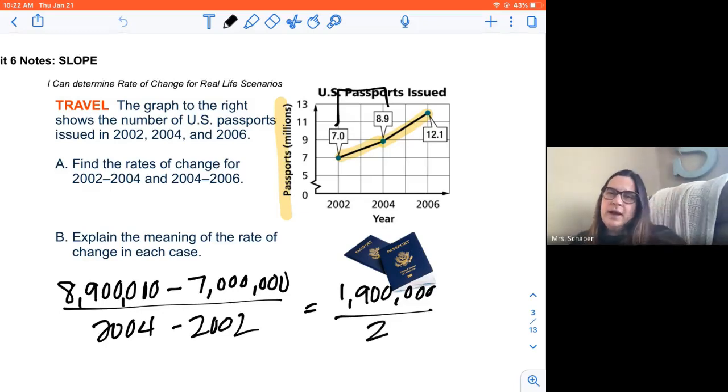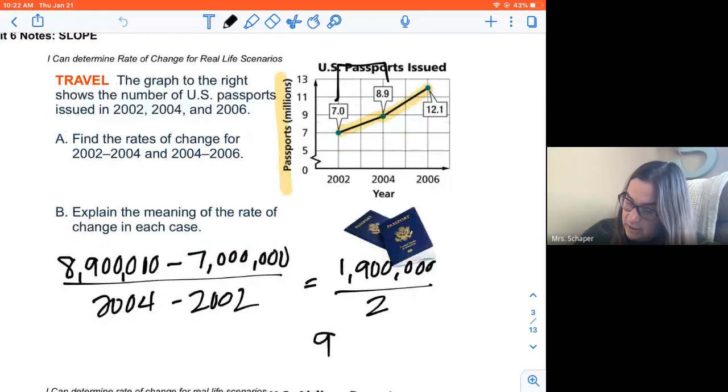And when we're doing rate of change, we always want to make sure that it's in simplest form. And so I'm going to take 1,900,000 divided by 2, and I'm going to get my rate of change to be 950,000 passports per year.